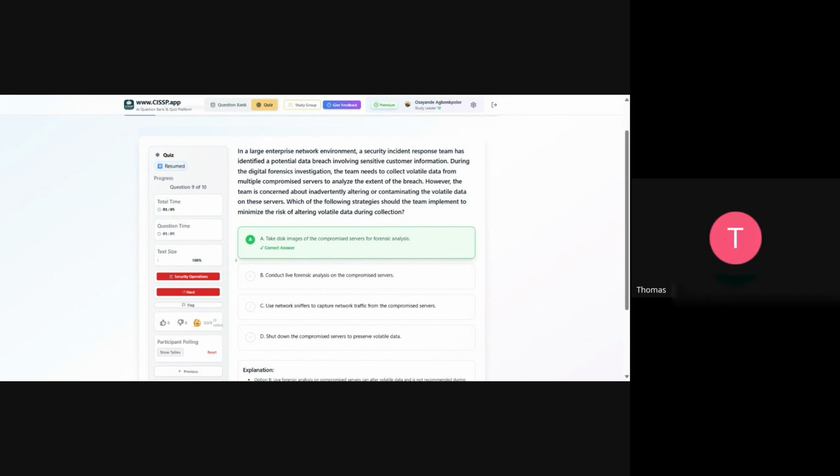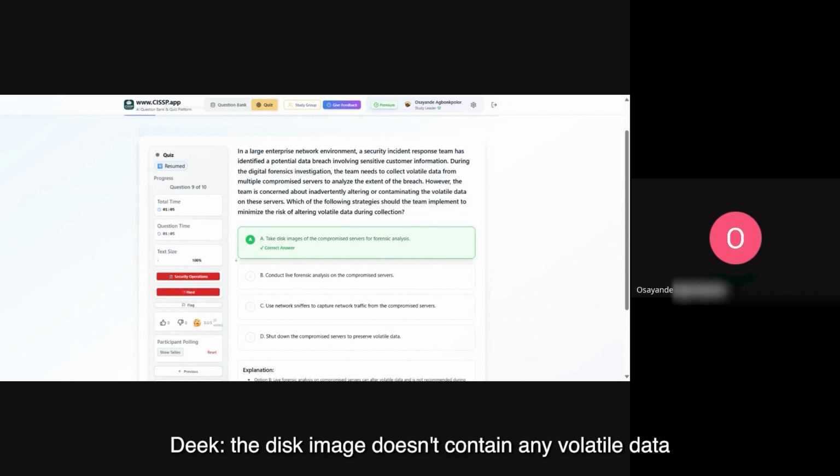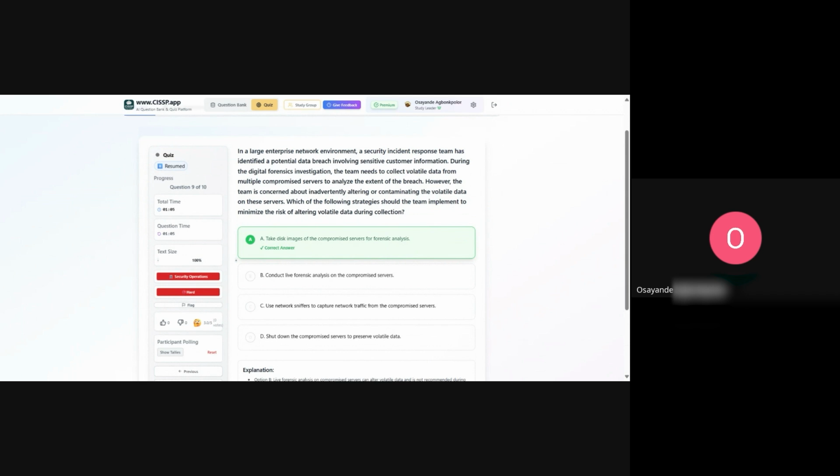I mean, can't you hook up tools to the network or a computer? Yeah. If you do that, that's live forensics. That's different from when you want to take a disk image, where the system is shut down, then you use a tool like FTK Imager or Make Forensic to take the disk image, right?